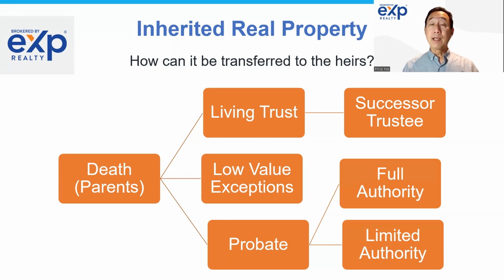It can happen in a much shorter time frame as a limited authority probate. With limited authority, there are limitations on what the personal representative can do in disposing of the assets, and it does take much longer. I'll cover those time frames on the next slide.